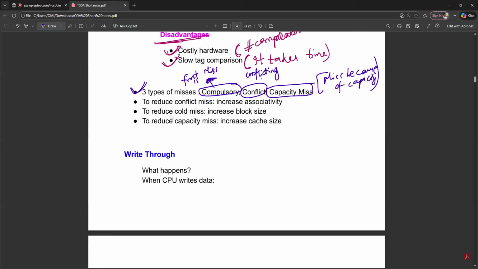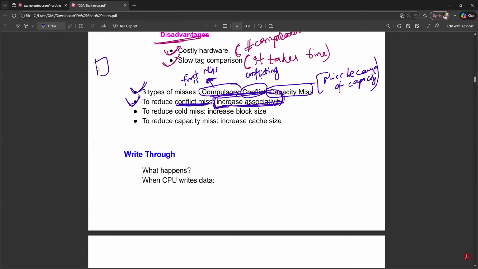Now, to reduce the conflict misses, you have to increase the associativity. Simple.